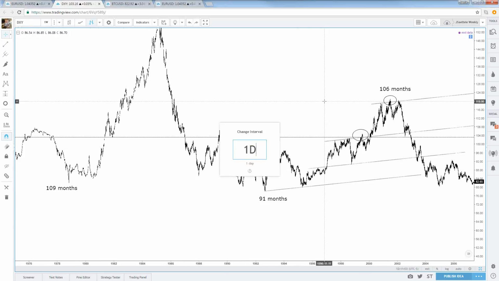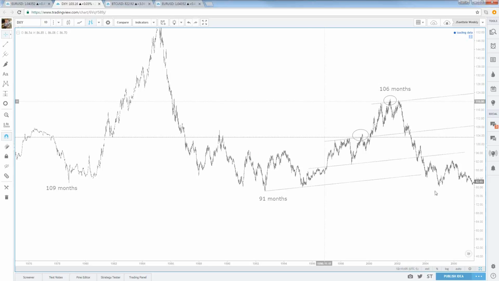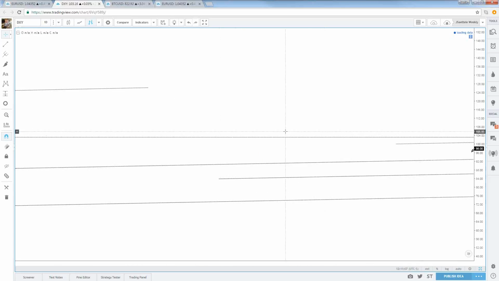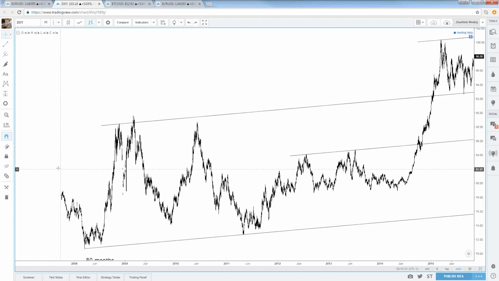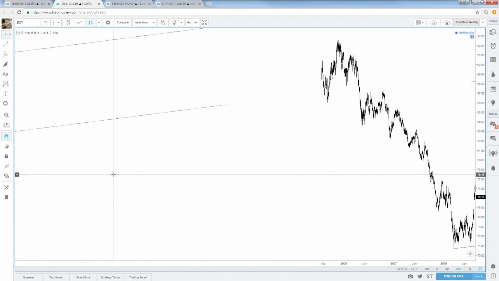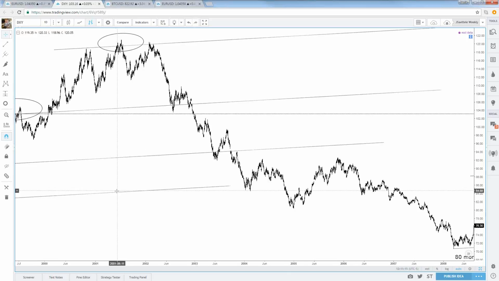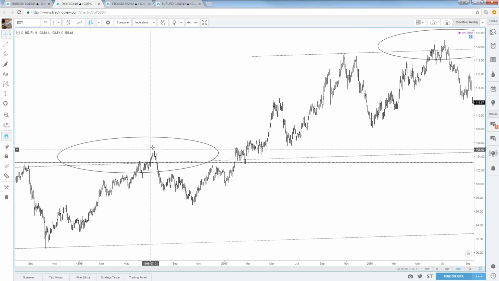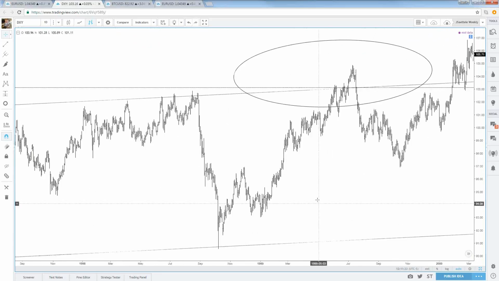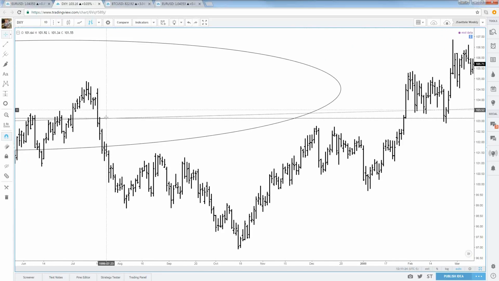If we look at this on a daily chart, the market's up here, and once you come back into it with a reversal, that's your signal that, okay, we've really got to go the other way now.